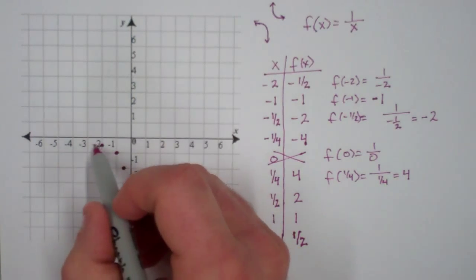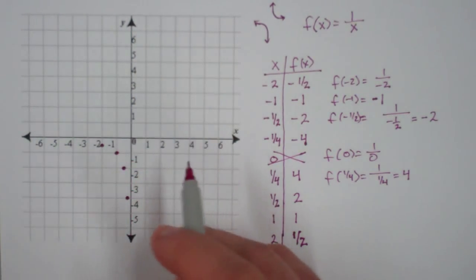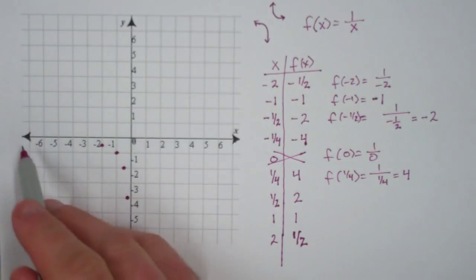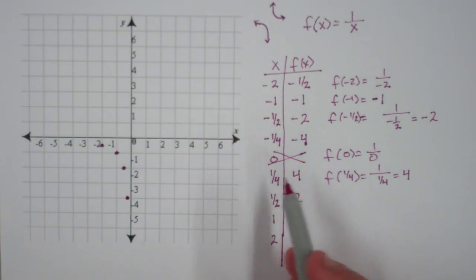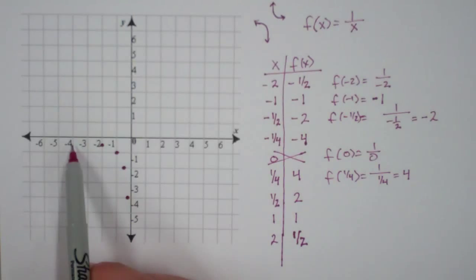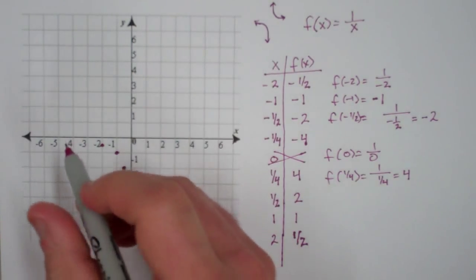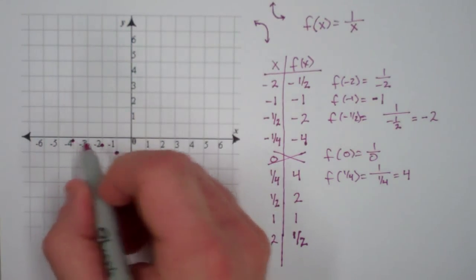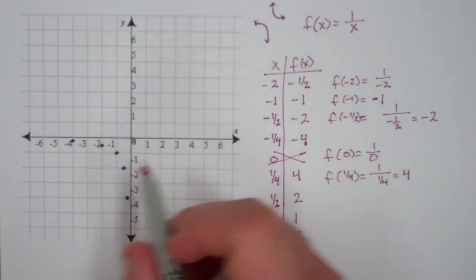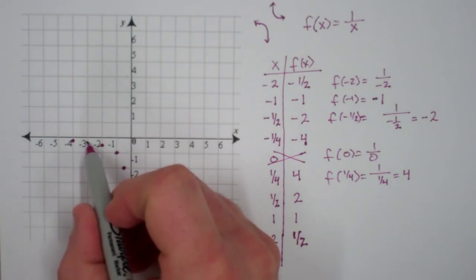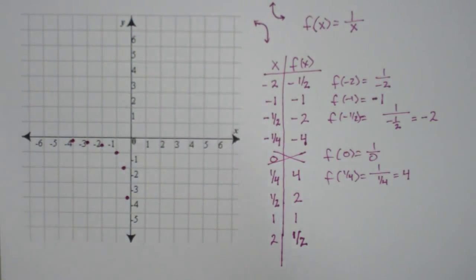And you can see the shape is kind of forming, and actually it's not going to hit either the y-axis or the x-axis. And you can imagine here if you had -4 as an input, you'd have -1/4 as an output. So your point would be here, and if you wanted to plot that, you actually could do that to help you see the shape a little bit. -1/3 would be like right there maybe.